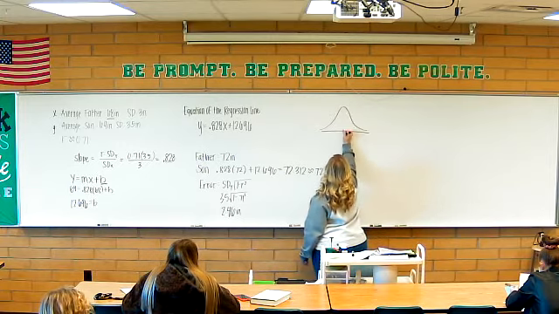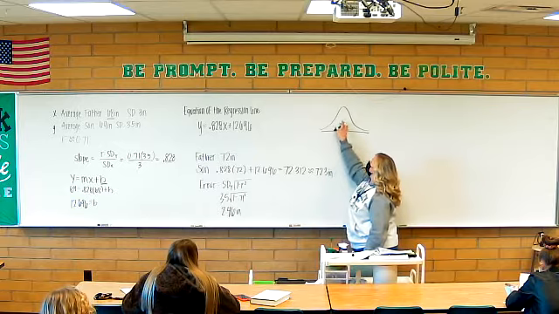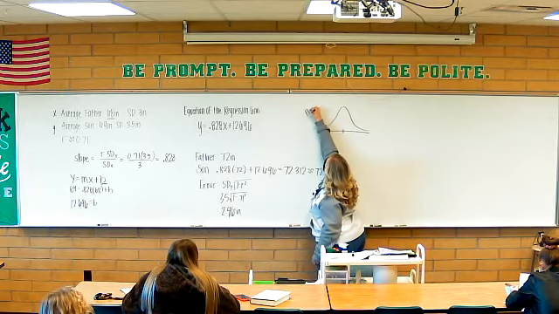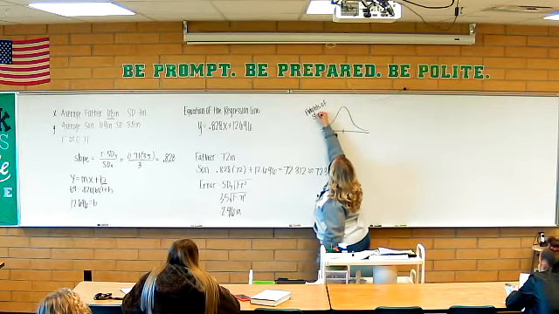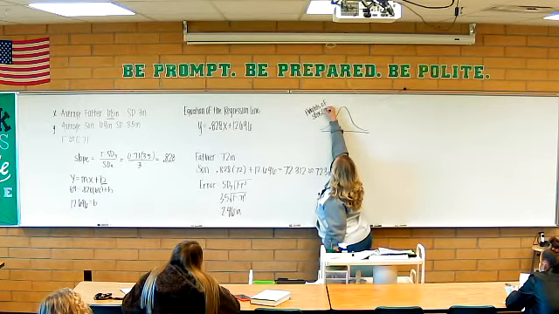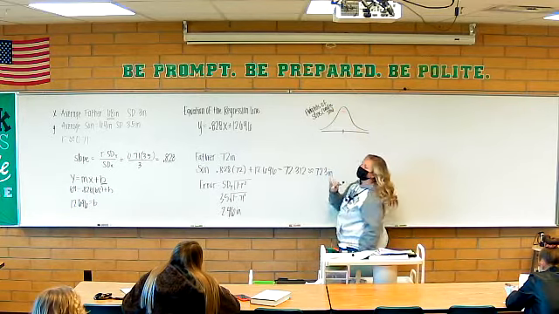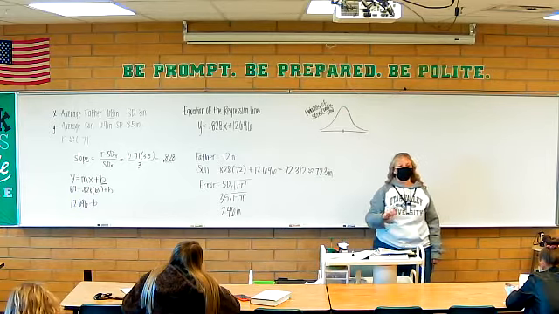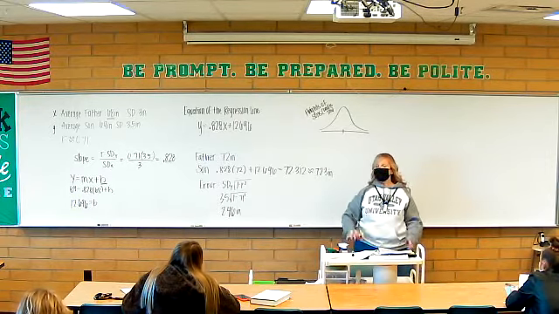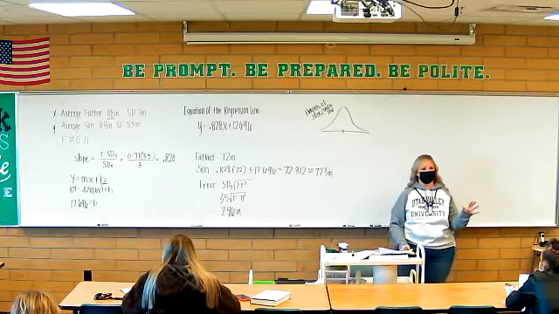a normal distribution, and this is heights of sons whose dad is how tall? 72 inches. So this is not a normal distribution of all the fathers' heights or of all the sons' heights.